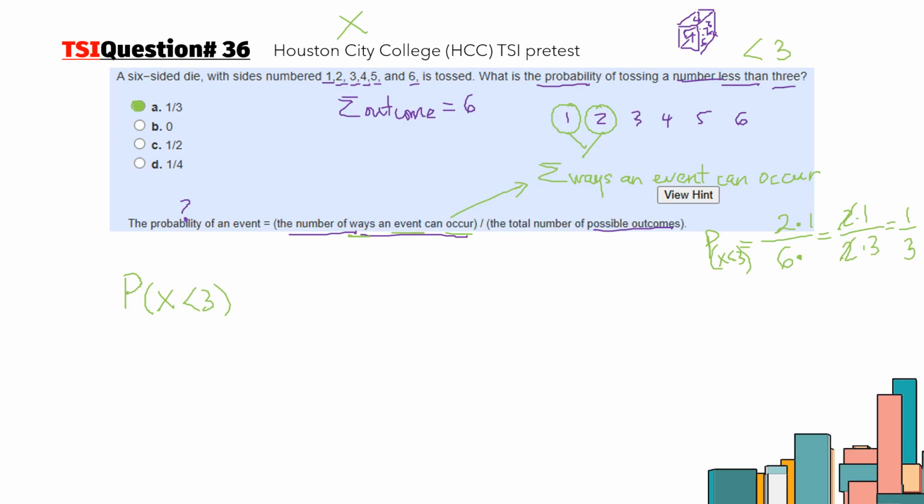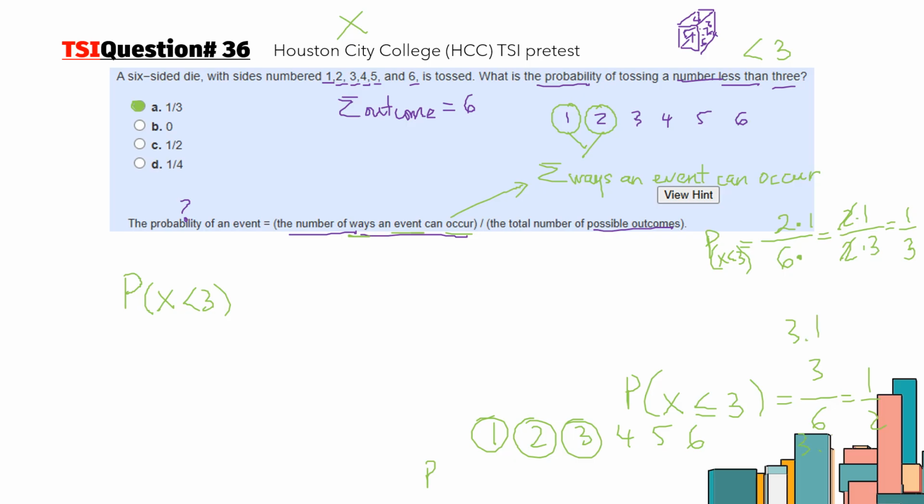If it said less than or equal to, it means X is less than or equal to 3, and that will be different. Then you have 1, 2, 3, 4, 5, 6 outcomes, and 1 is less than 3, 2 is less than 3, 3 is equal to 3, so you have 3 out of 6. P of that event will be 3 out of 6, and it is 1/2. It's because 3 is 3 times 1, 6 is 3 times 2, so you cancel the 3 and get 1/2.